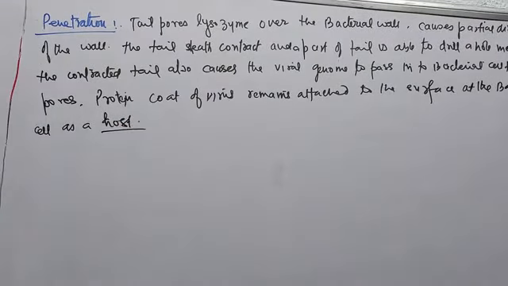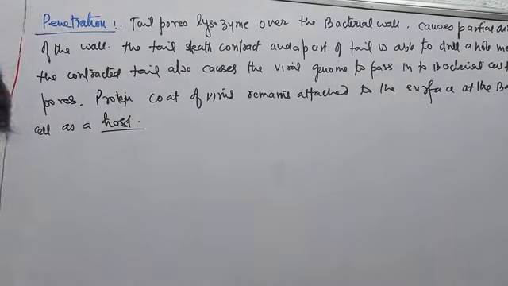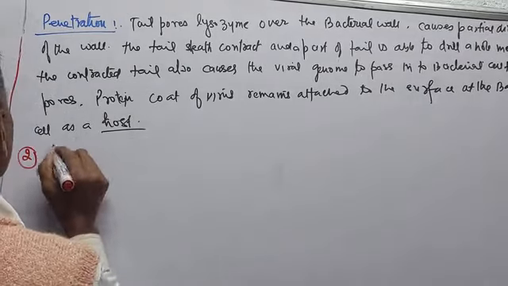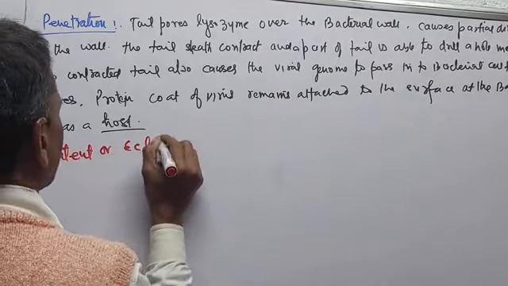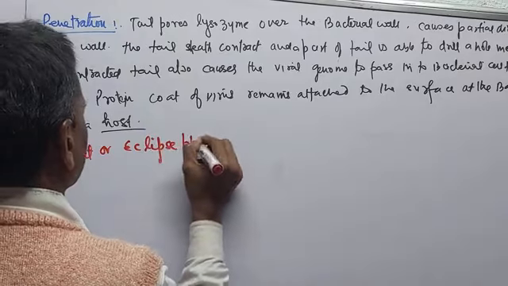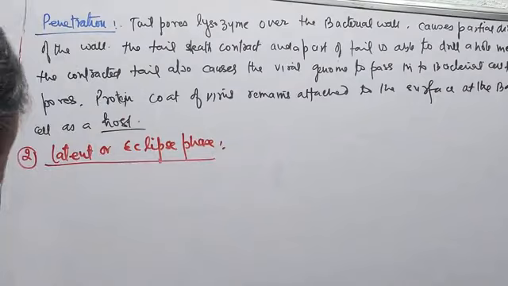The next phase of the lytic life cycle of bacteriophage is the latent or eclipse phase.